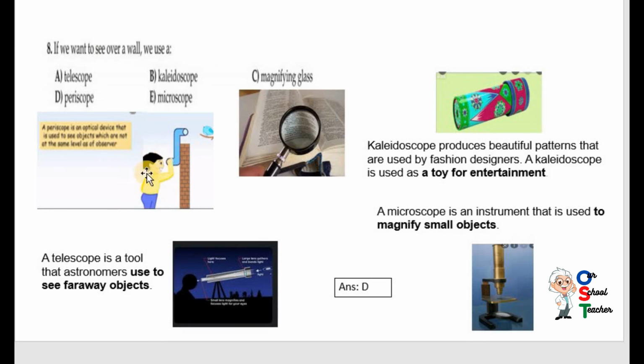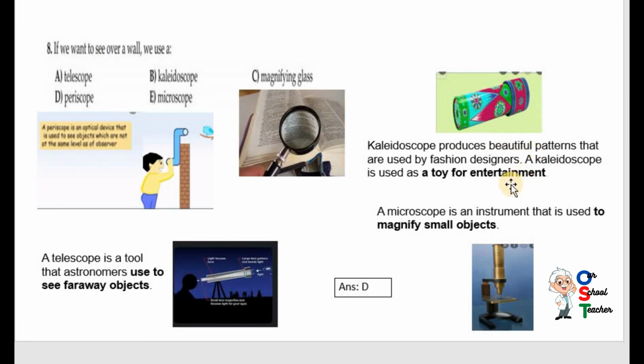So periscope is the correct answer. Just check the other options as well. A telescope is a tool that astronomers use to see far away objects. So if you want to see over a wall, you are not going to use a telescope.